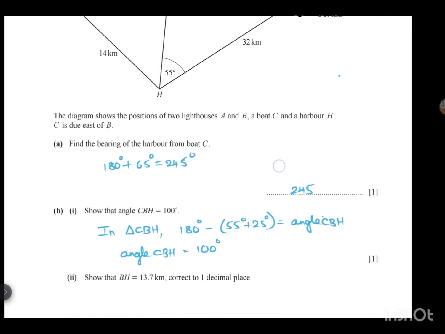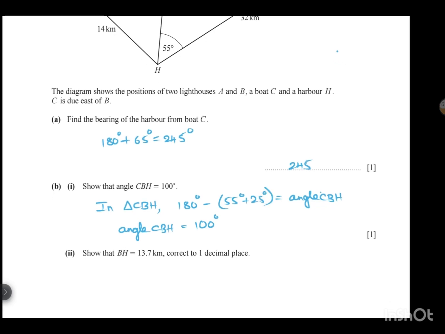Using the sine rule, sine 100 by the given side 32 kilometers is equal to sine 25 by BH. Cross multiply: sine 100 multiplied by BH is equal to sine 25 into 32.